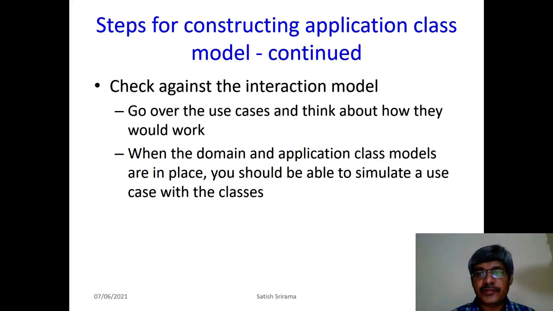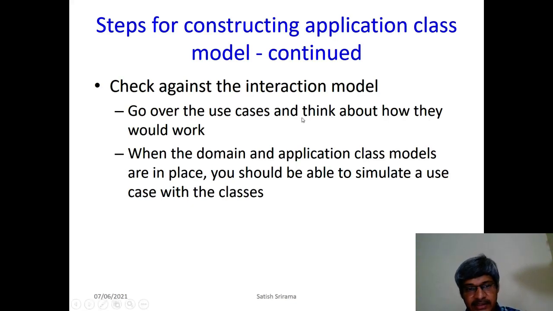Once you have this basic application class model ready, you have to check it against the interaction model, the one which you have defined just now. Go over the use cases and think about how they would work.